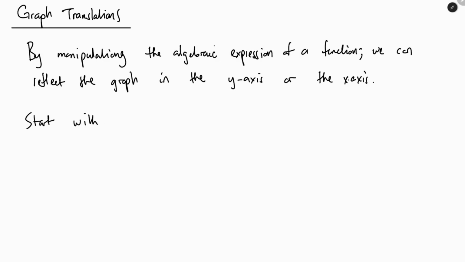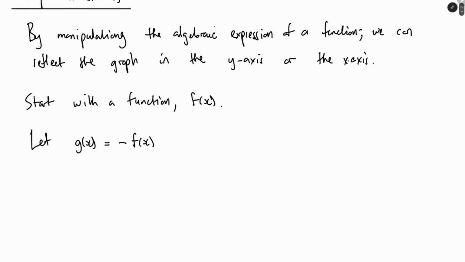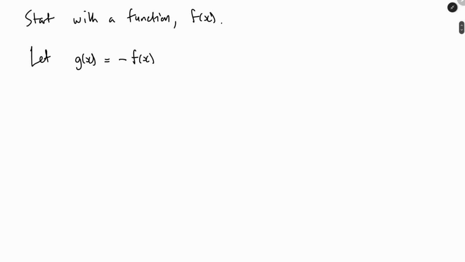Start with the function, let's just call it f of x as is standard, and then we're going to say let g of x equal negative f of x. So what happens in this case?